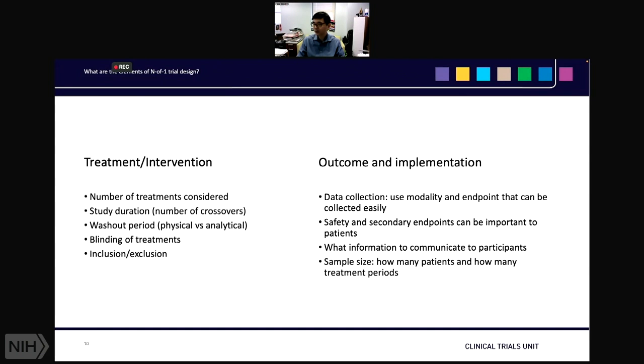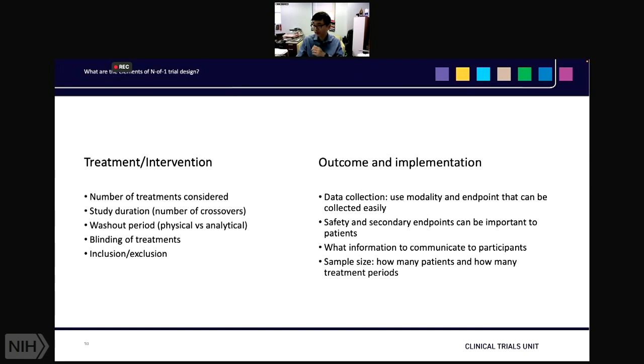But in N-of-1 trials, patients will likely take a composite endpoint approach, looking at safety, secondary, as well as primary. For example, in blood pressure control, the patient would definitely look at side effects to make a decision, in addition to whether it works in terms of reducing blood pressure.